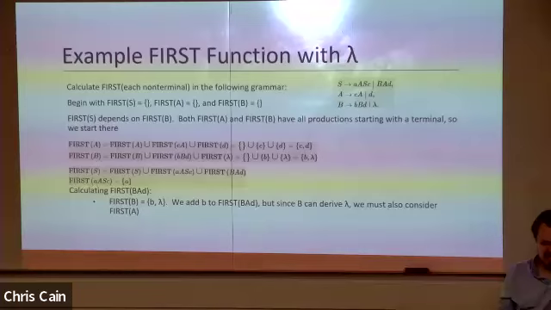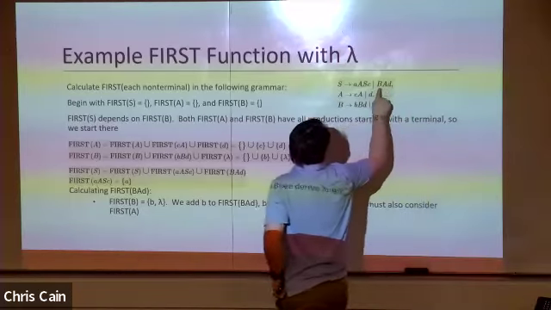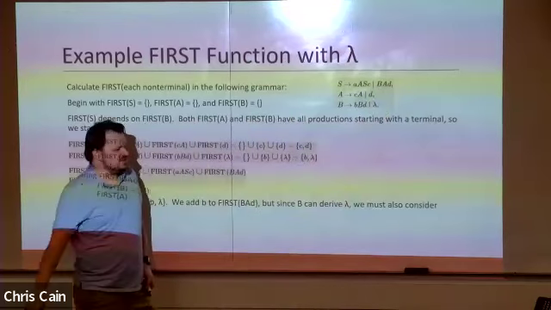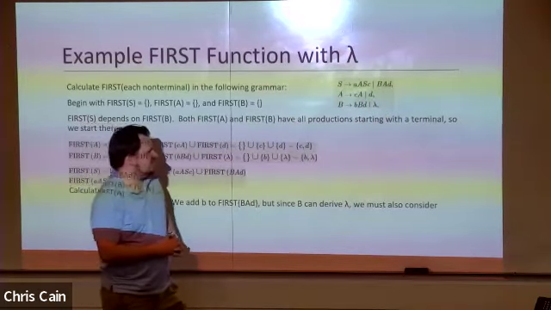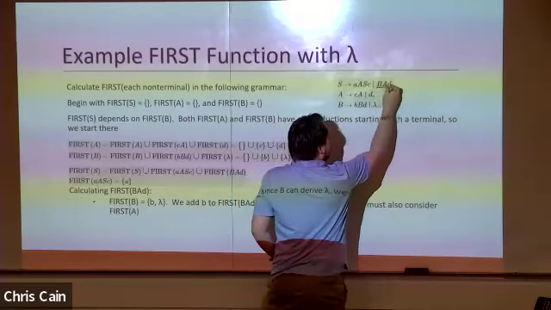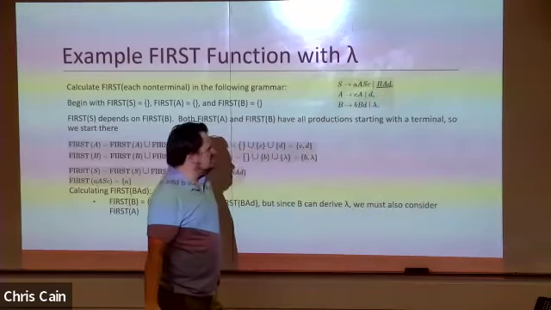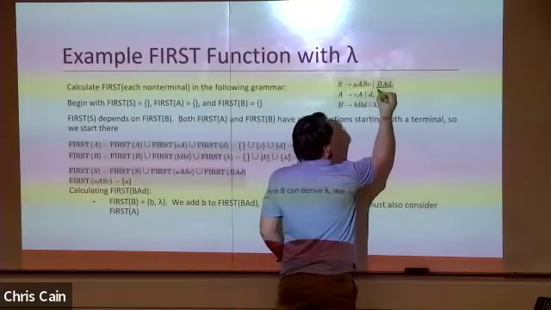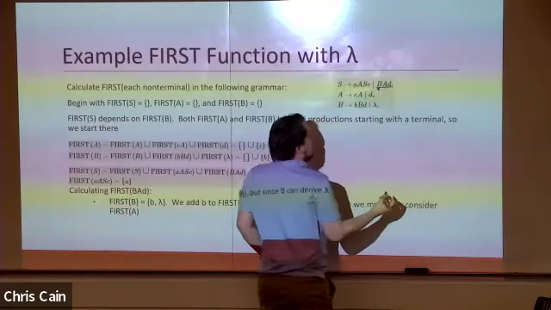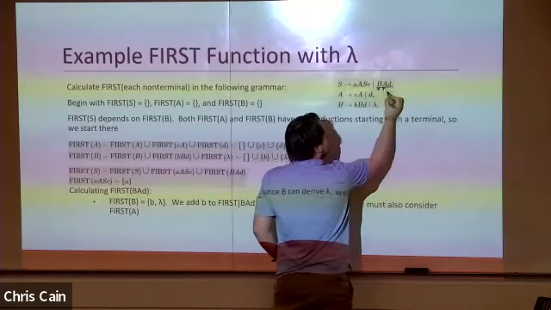So this is why you can't just say that, great, you take the first character here and that's it. You actually have to take the first of this entire string, because if this now can derive lambda, then you'll also have to consider this.